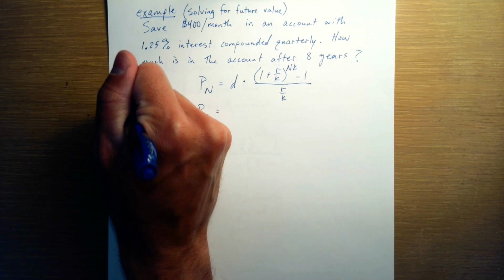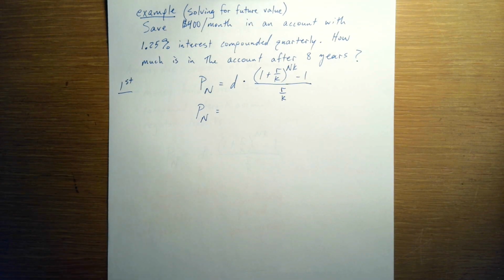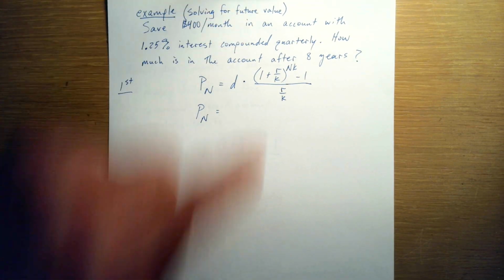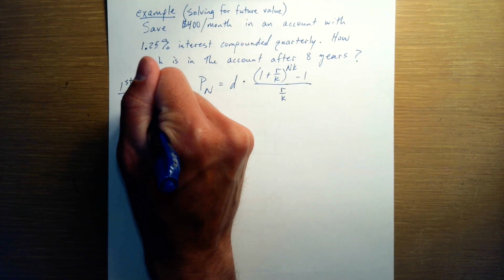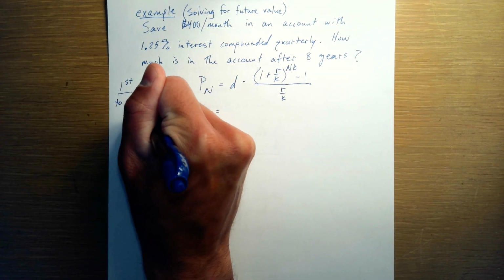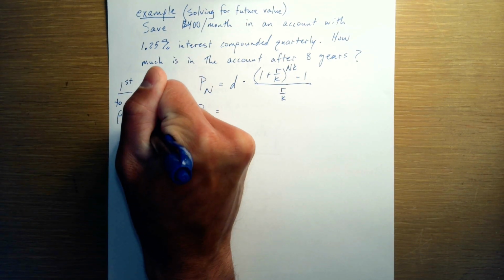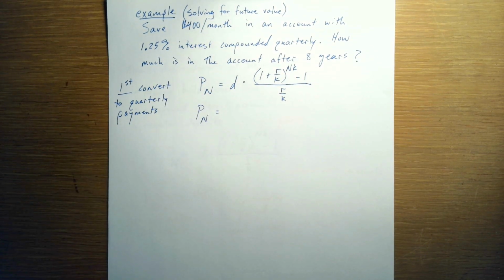So first, before we can use this formula, we have to convert our monthly payments into quarterly payments, or deposits.